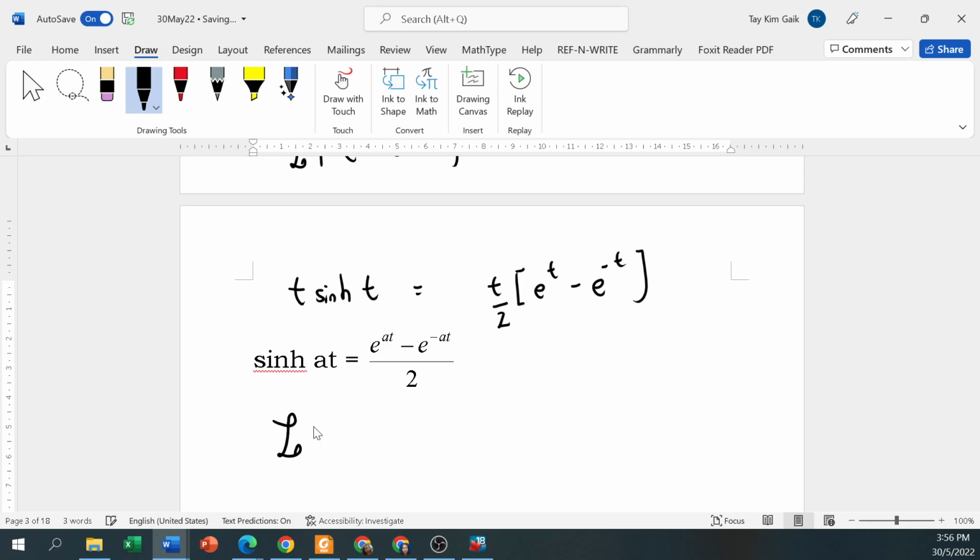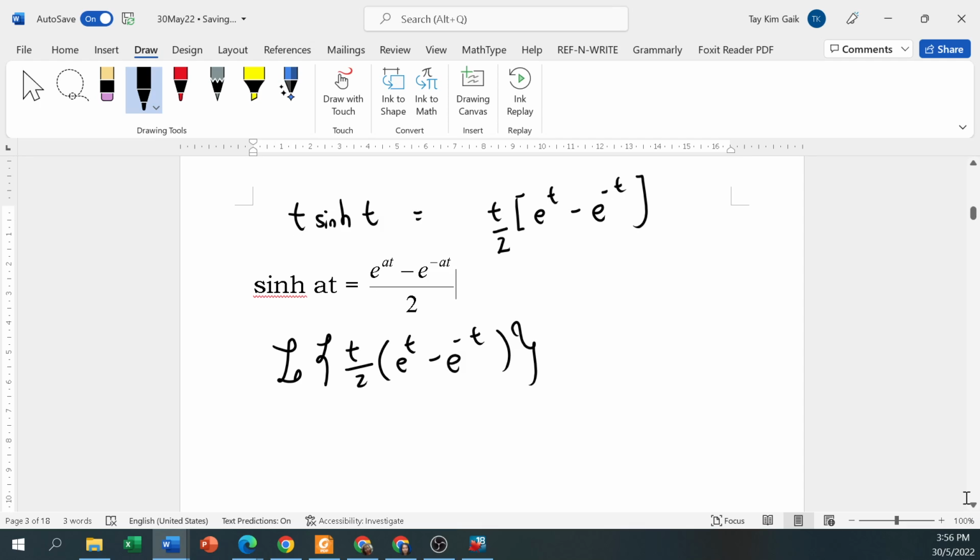Okay, then the Laplace transform for t over 2 times (e^t minus e^(negative t)). In this case, you can apply the linearity property first, where it is the Laplace transform for t over 2 e^t, minus the Laplace transform for t over 2 e^(negative t).